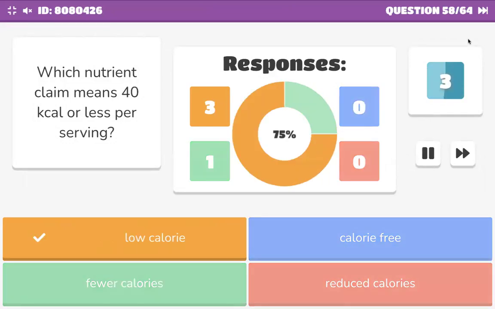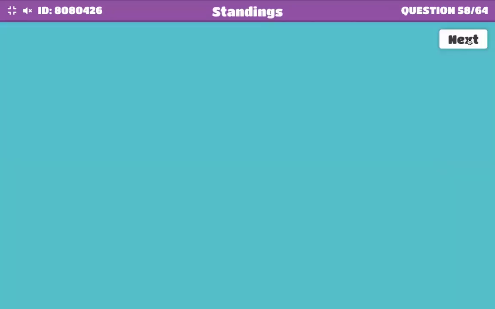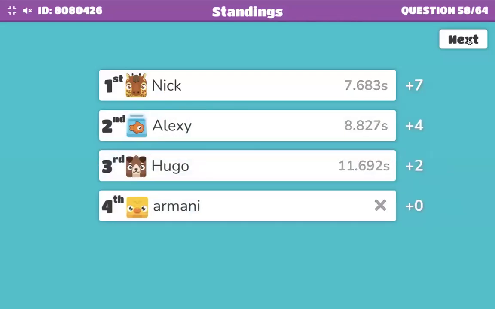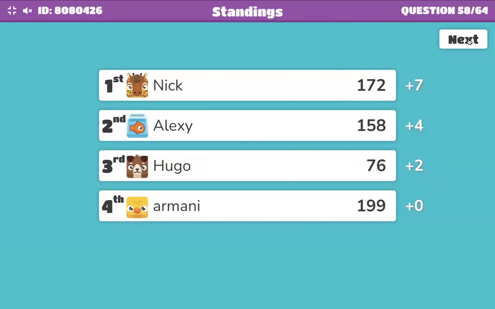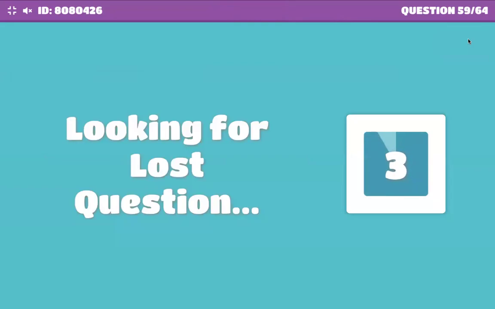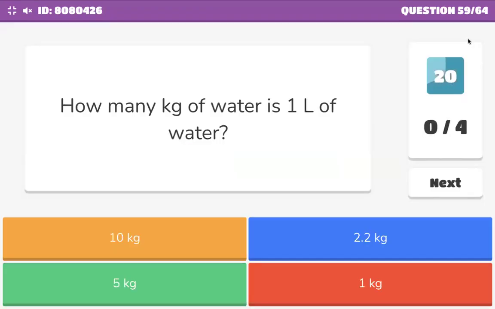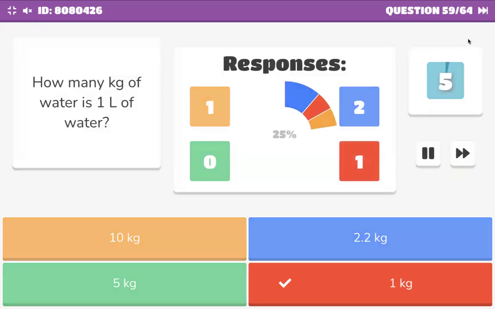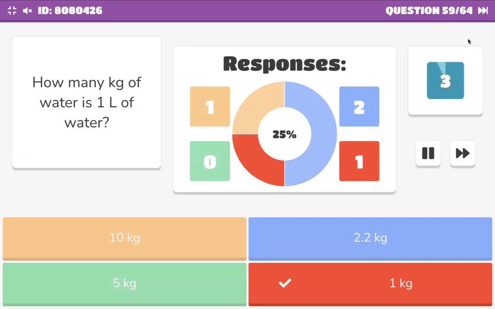Low calorie. How many kilograms of water is 1 liter of water? Yep, it's just 1 kilogram.